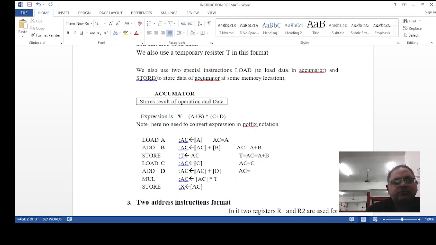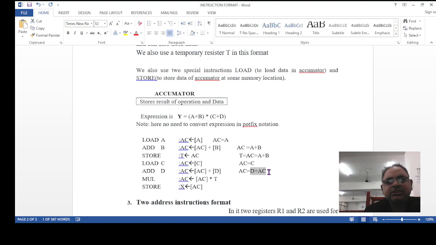On the execution of add d, the contents of accumulator will be added with the contents of d, and the result will be stored in the accumulator.